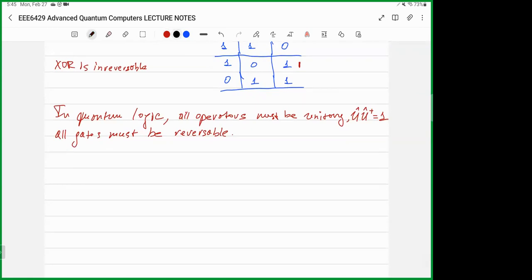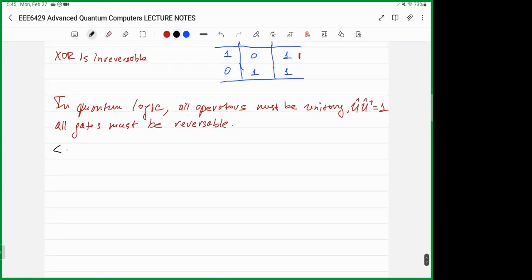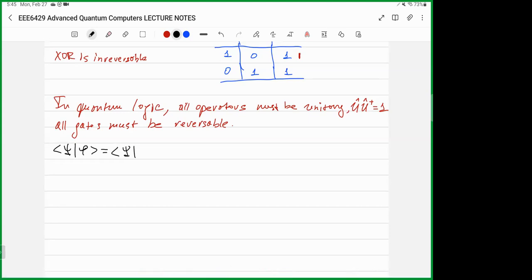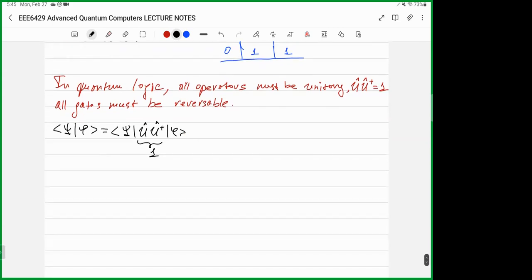And I just remind you why it's important. It's important because if I have the inner product of two vectors, the unitary operator doesn't change this inner product, because this guy is the identity operator.